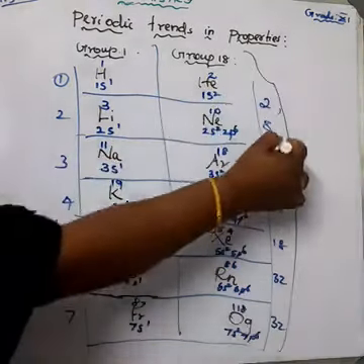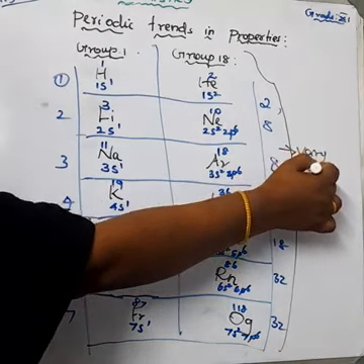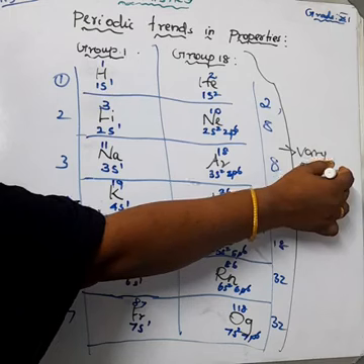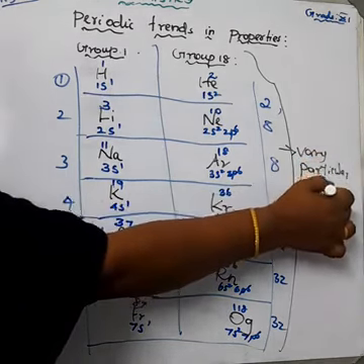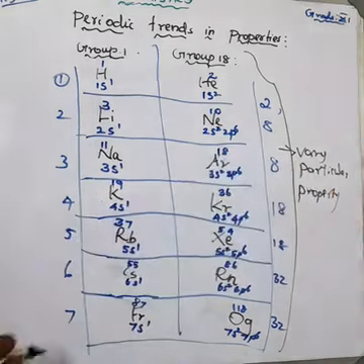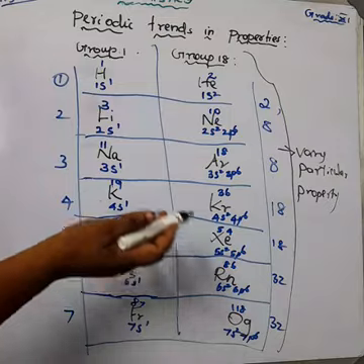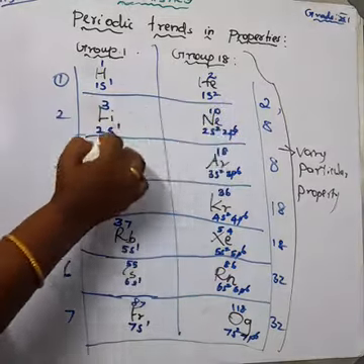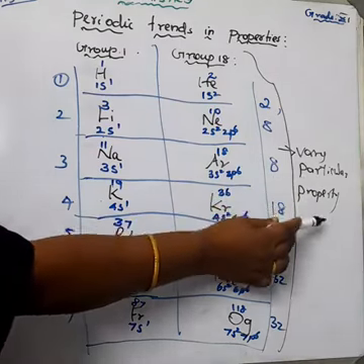Periodic means the electronic configuration of the elements shows periodic variation with increase in atomic number.